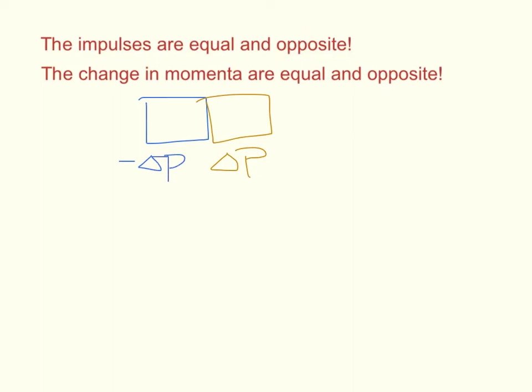If we treat this all as one system, the total change in momentum is 0, right? Just like the momentum of a system is the sum of all the parts, the same thing with the change. The change is the sum of all the changes. So we have positive delta P and negative delta P, so we're going to add them together, one's negative.